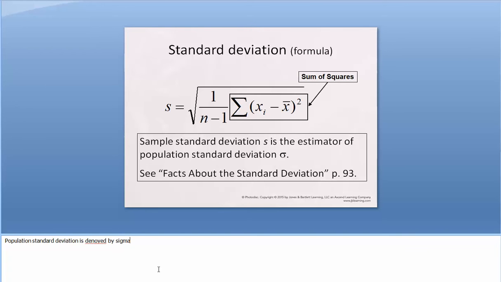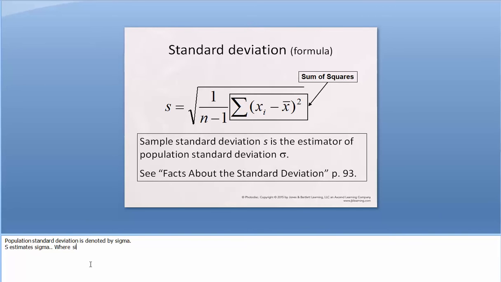Remember that the summation notation was uppercase sigma. And so I can say that S estimates sigma. And why should we estimate sigma? Because we do not know this sigma either.